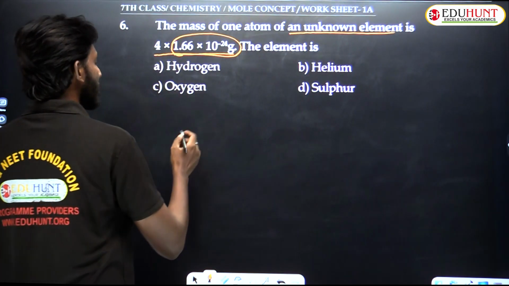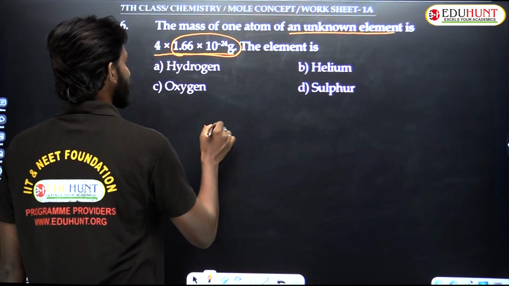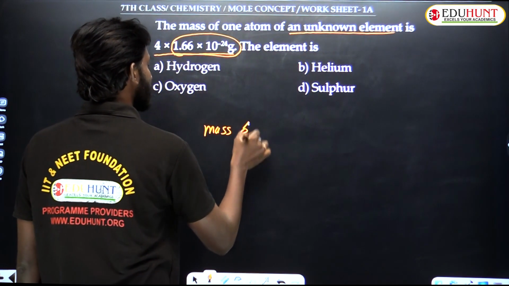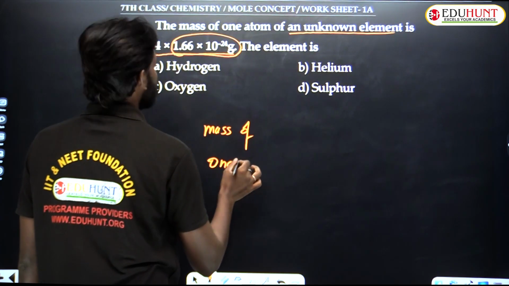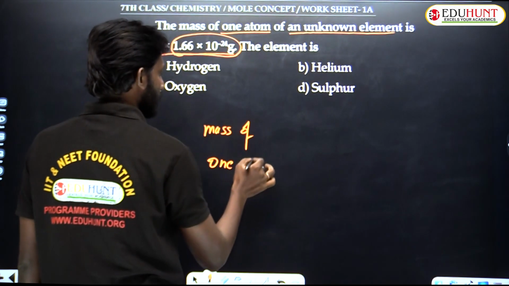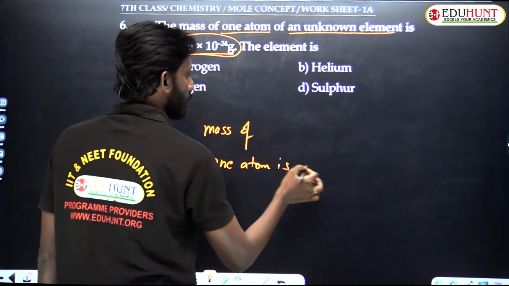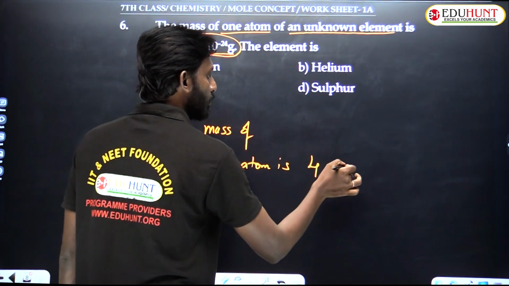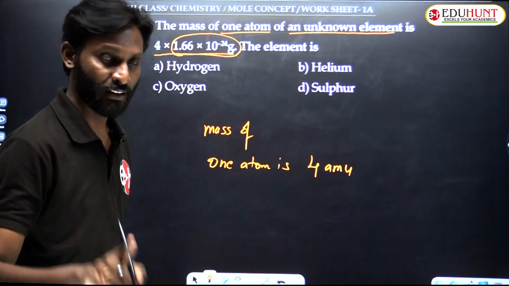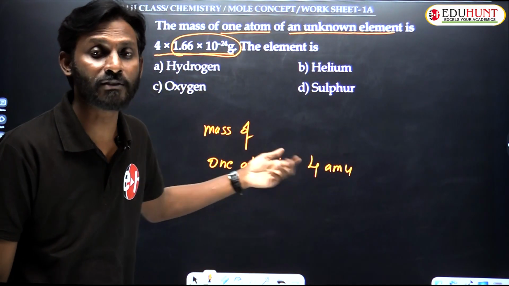That means the mass of one atom is 4 AMU.